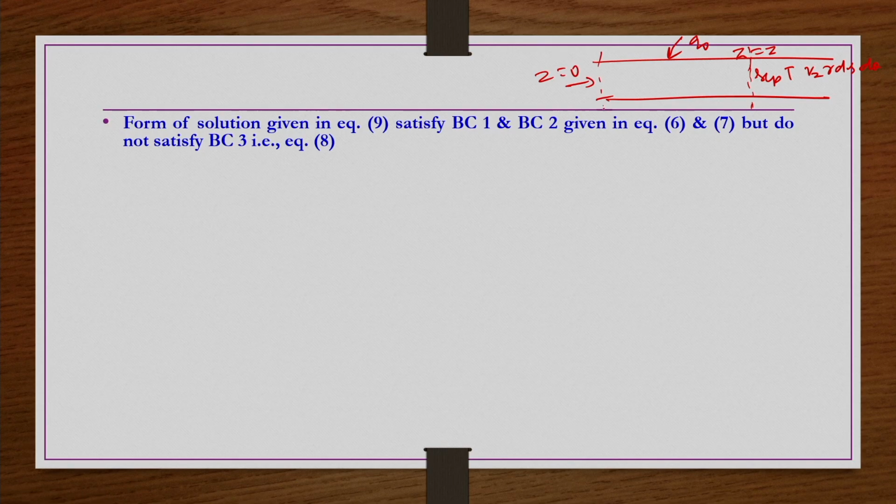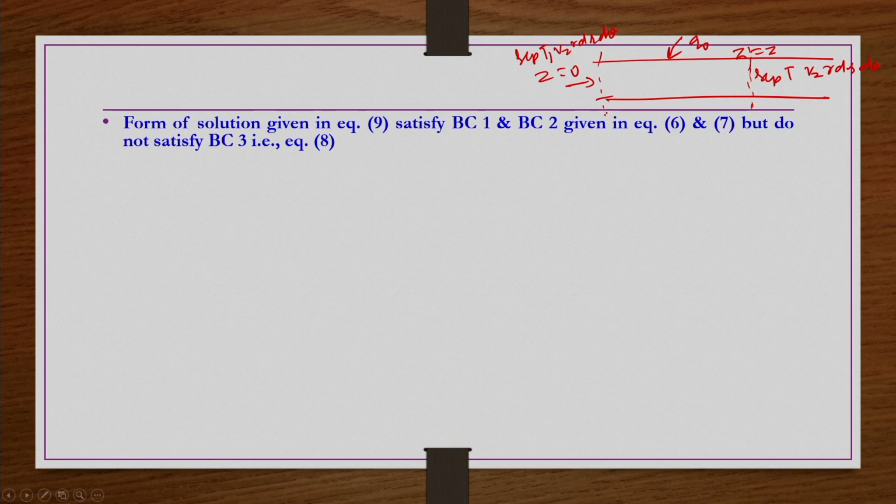The same quantity at z equals 0 is nothing but rho Cp T1 Vz r dr d theta, because at z equals 0, T equals T1. This also you integrate. That is the rate of heat in at z equals 0.